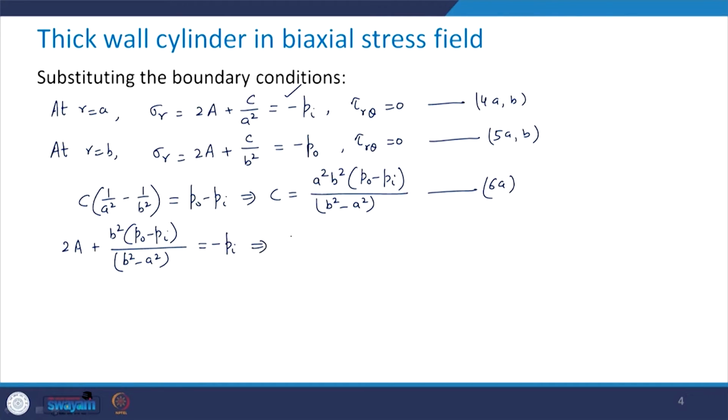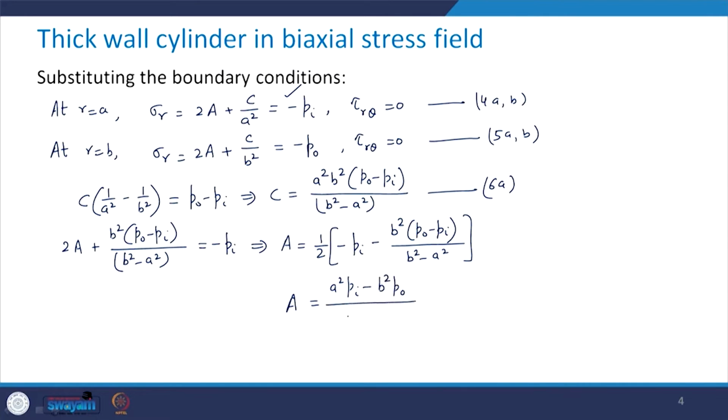And if we just solve this, this is what we are going to get: half of minus pi minus b square into p naught minus pi divided by b square minus a square. Or if you further simplify this, you will get a is equal to a square pi minus b square p naught divided by 2 times b square minus a square. Make it 6b.